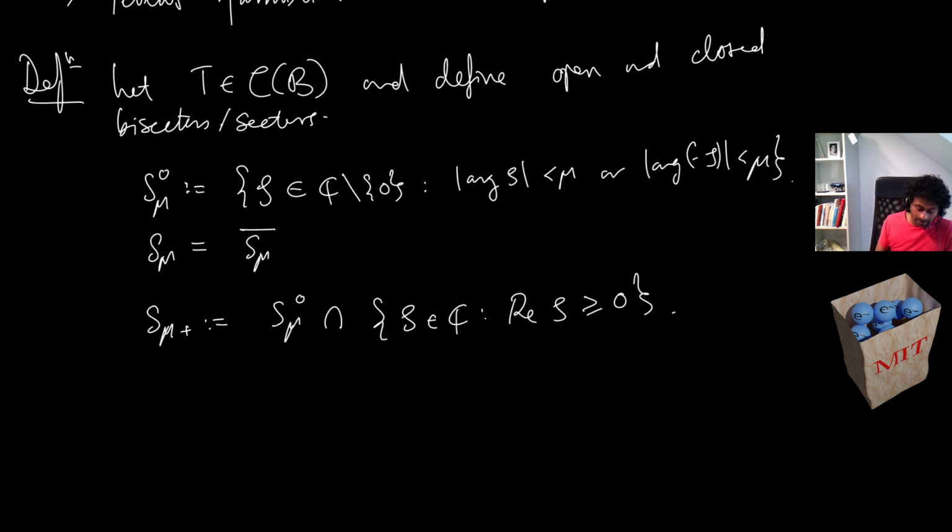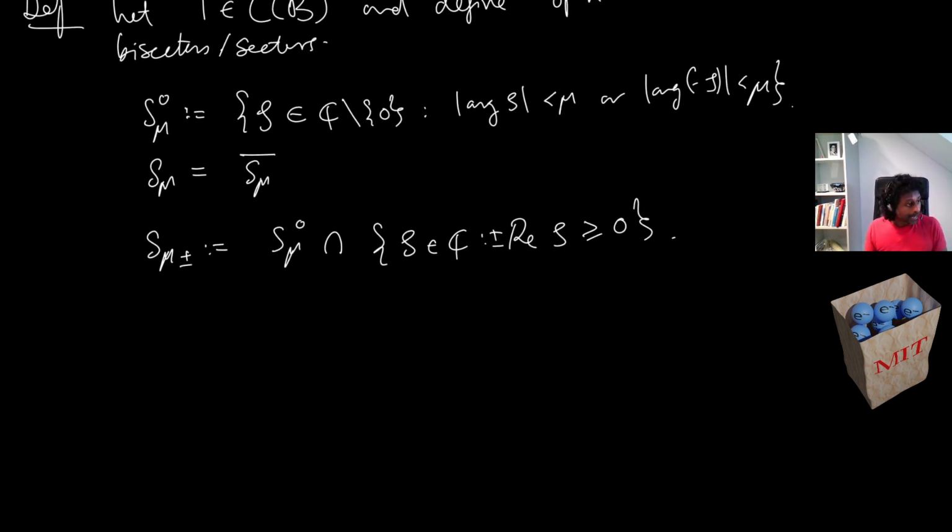So these are the positive and negative sectors, plus minus the real part. With this, let me now define the notion of a bisectorial operator, and sectorial also.